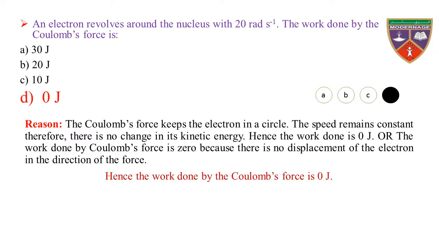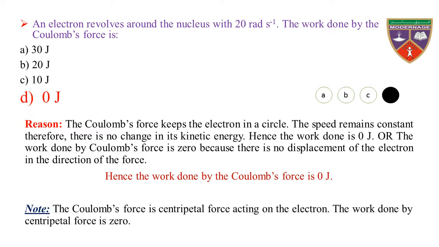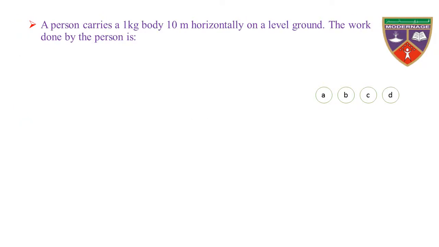Hence, the work done by the Coulomb's force is 0 joule. Note, the Coulomb force is centripetal force acting on the electron. The work done by centripetal force is 0.